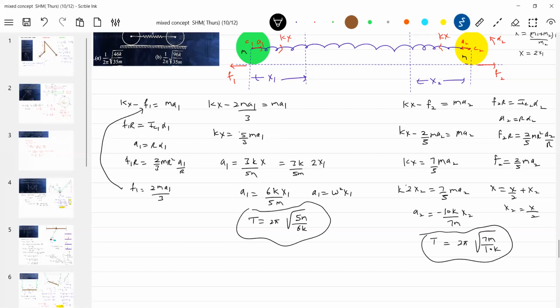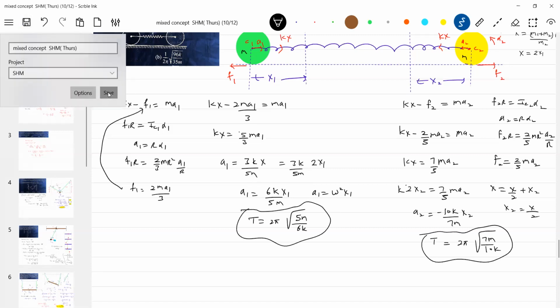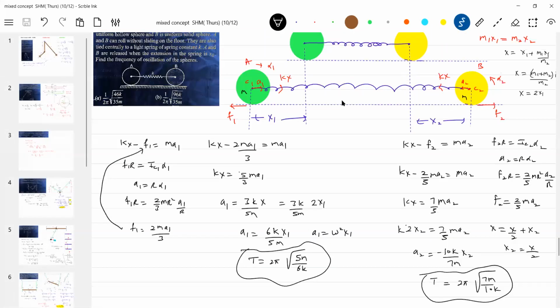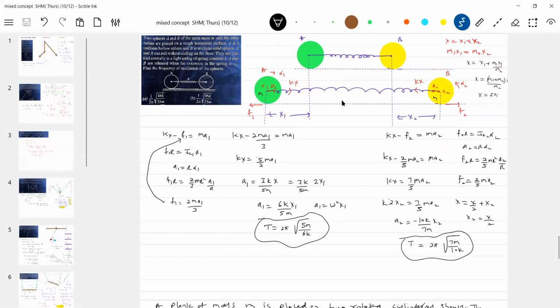Look at the issue. There is some very big issue. What is right? What is wrong?